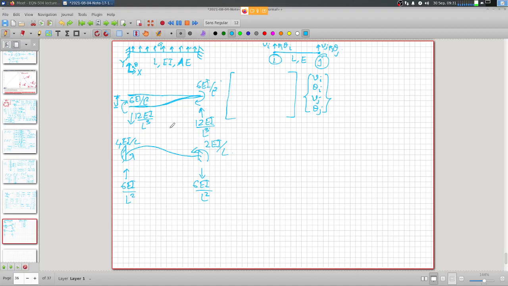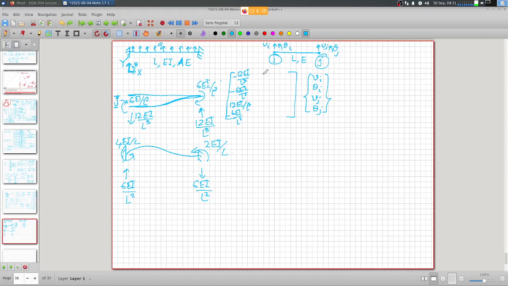So you have stiffness coefficients of the first column as minus 12EI by L cube, and then for theta I minus 6EI by L square, and for Vj 12EI by L cube, and minus 6EI by L square.